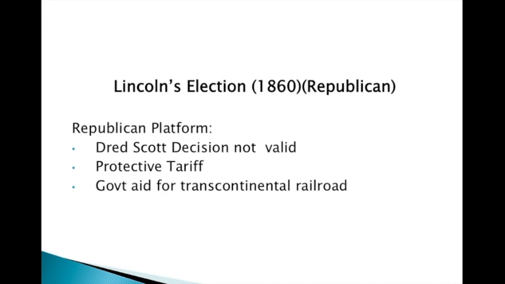They also believed in protective tariffs. And they also believed in government aid for the Transcontinental Railroad. But what the Southerners were really worried about was that Lincoln's victory would jeopardize the Southern life.